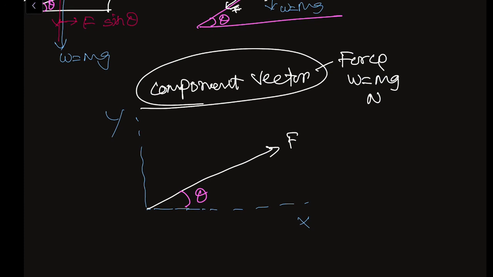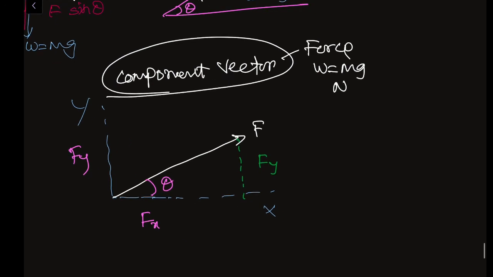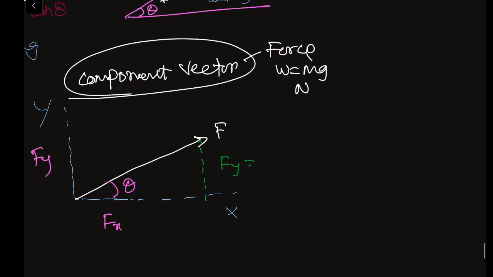Here the value of force along x is Fx, along y is Fy. Now I need to change the y-axis like this. Here Fy. So we have to find Fx and Fy.